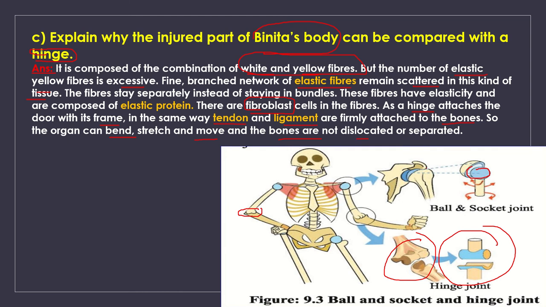Whenever you need to work or run, this is the way it can help you. This side is a joint. Here is a different type of tissue, different type of cells, elastic fibers, that help you to move. Next question.